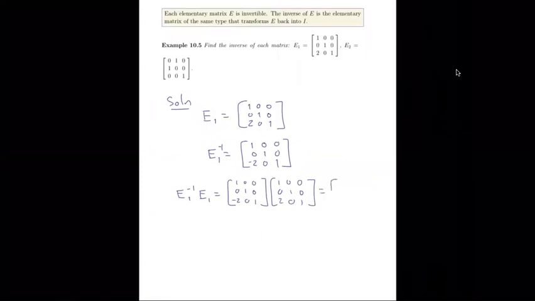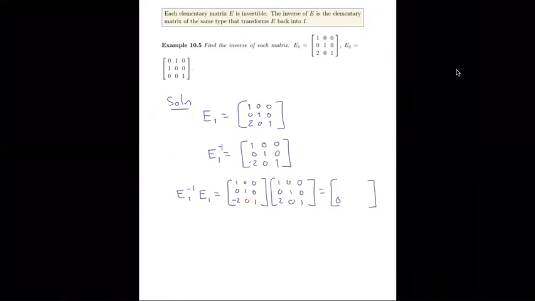I'll leave most of the entries in the resulting matrix to the reader to confirm the details of. But if we just check the third row of this result matrix down here, then we're taking the third row of this matrix times the first column. We get -2 plus 0 plus 2. That sums to 0.